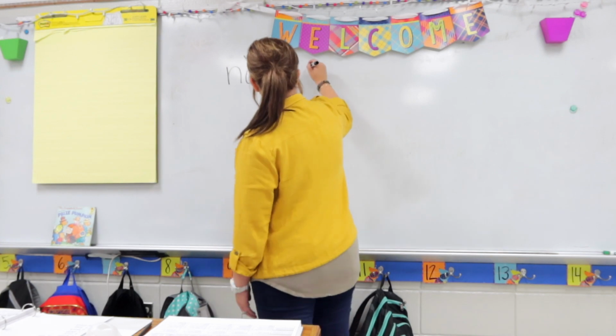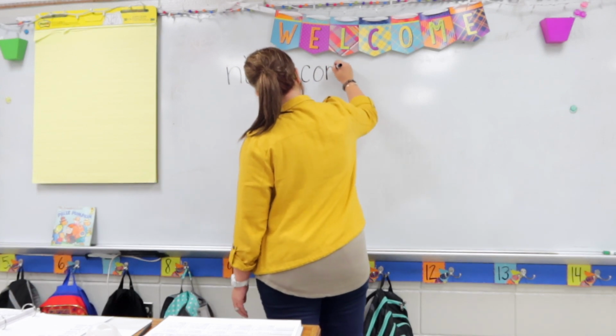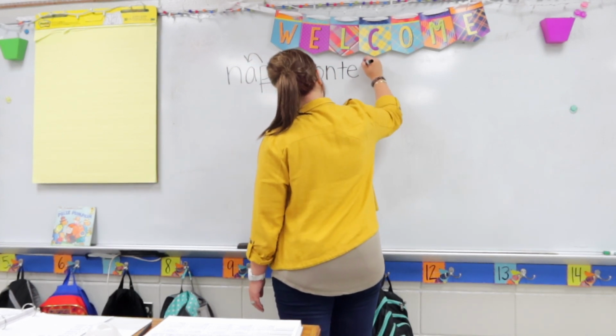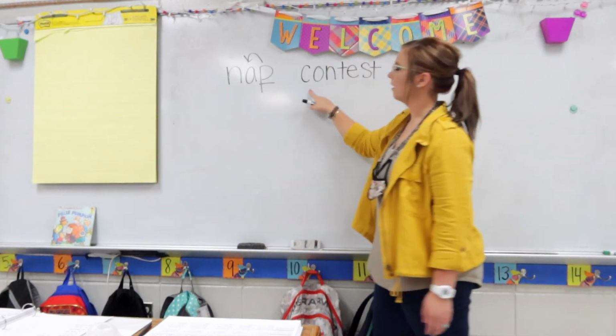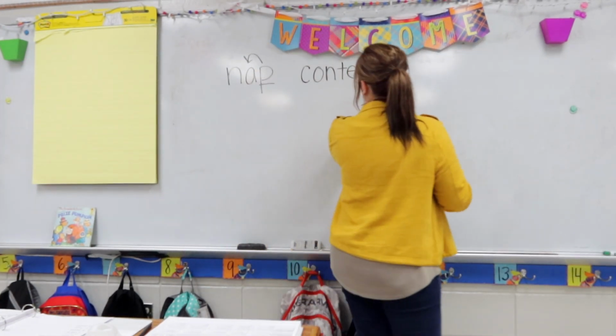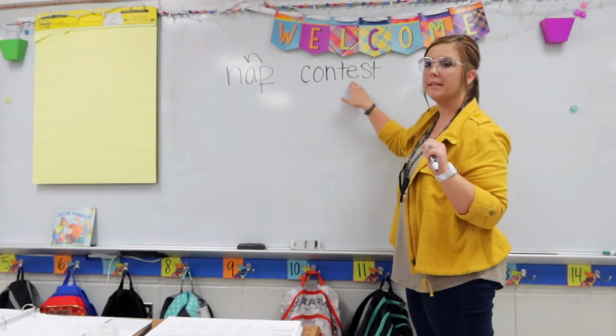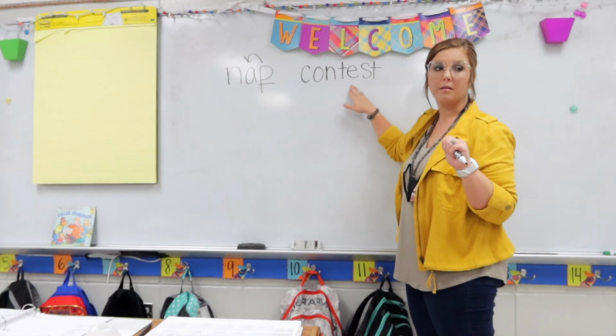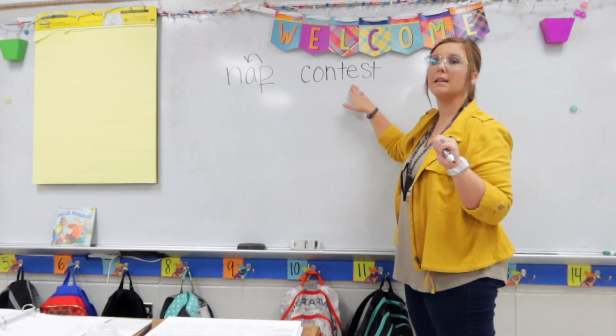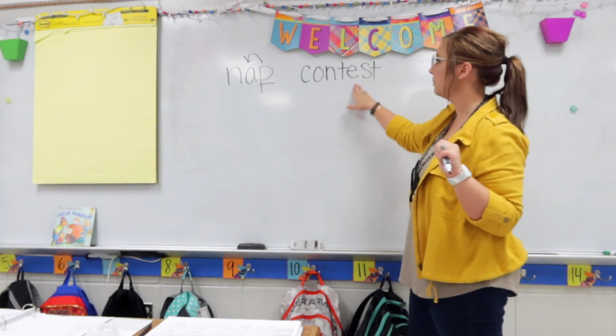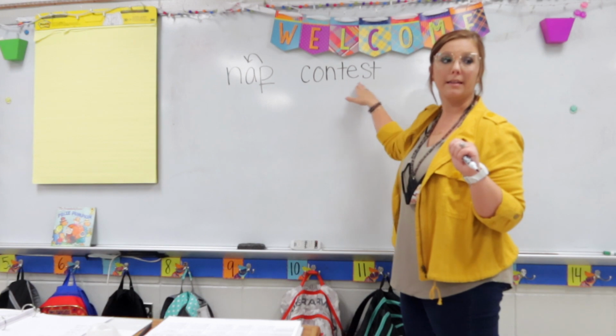What about contest? Contest. So, in the word contest, both of these syllables are what? Both of them are closed. They are both closed syllables, meaning they both end in a consonant.